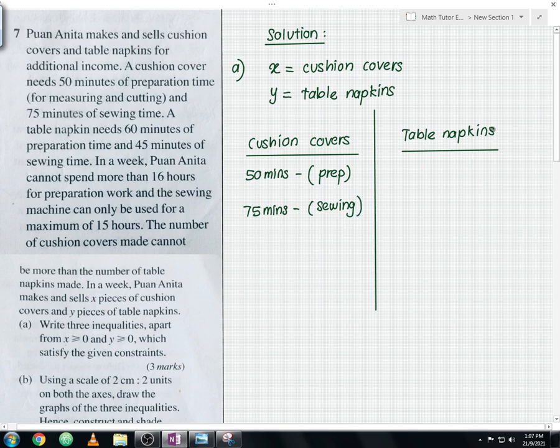Whereas for table napkins, you need 60 minutes of preparation time and 45 minutes of sewing time. So let me just write here 60 minutes for preparation and then 45 minutes for sewing.